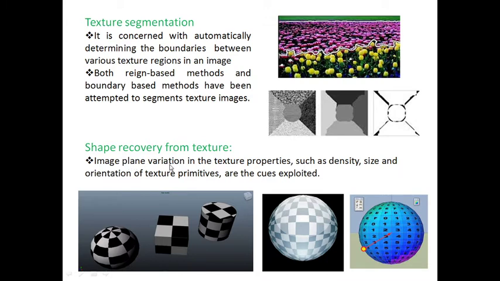Consider image plane variation in the texture properties. Inside this image I have a sphere, which gives me a look of a circle. This gives me a look of some kind of four-sided shape, a parallelogram.